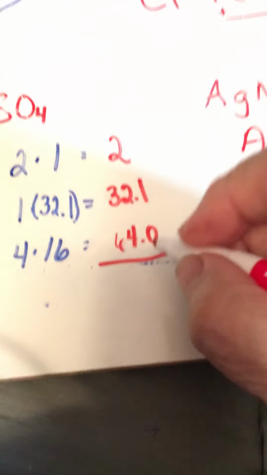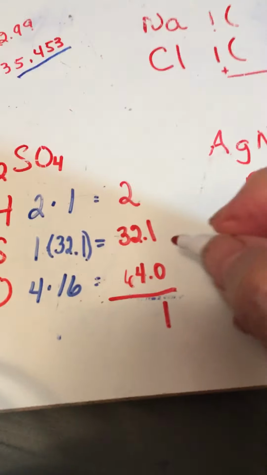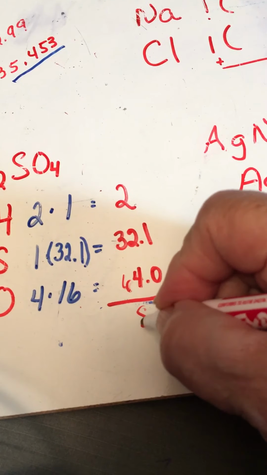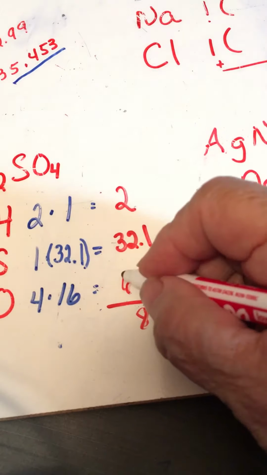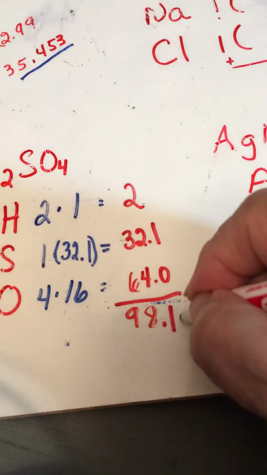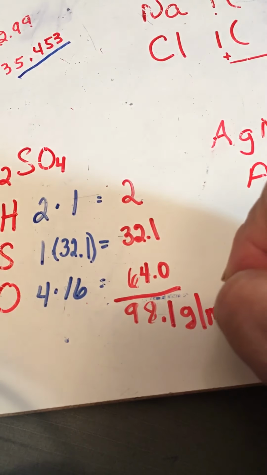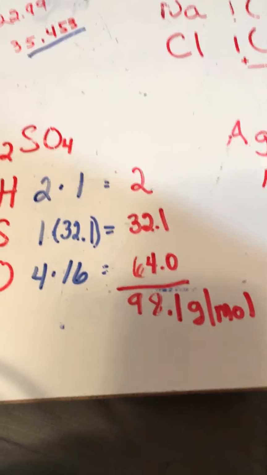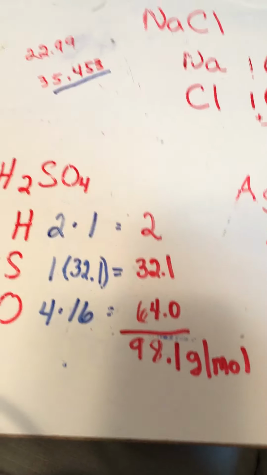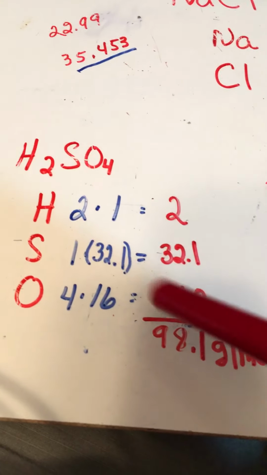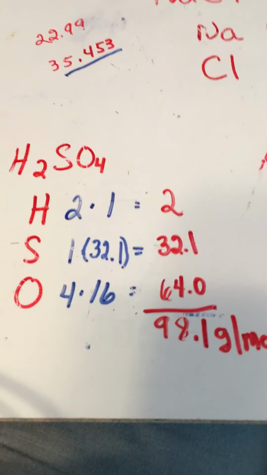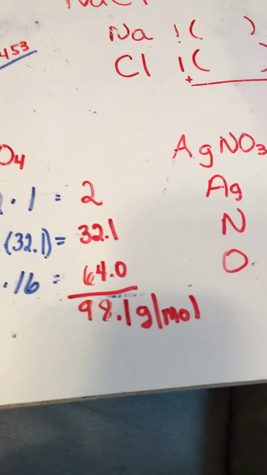Add them all together. 98.1 grams per mole. So if I want 1 mole of sulfuric acid, that's how much I would weigh out.